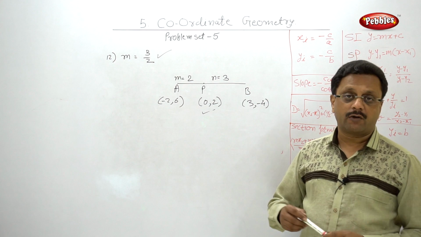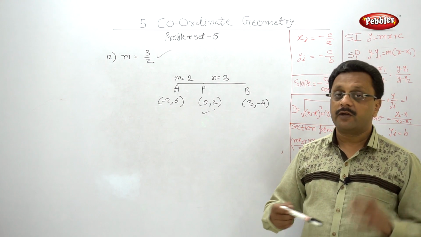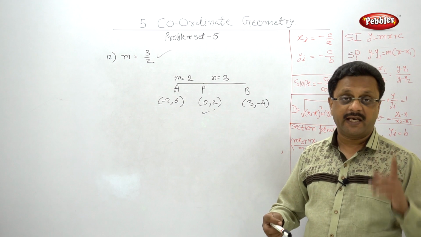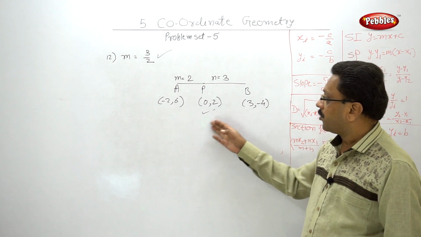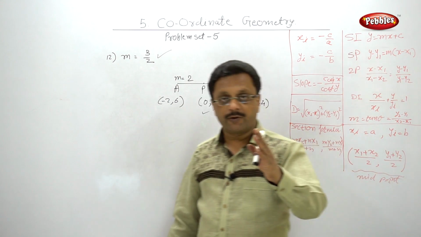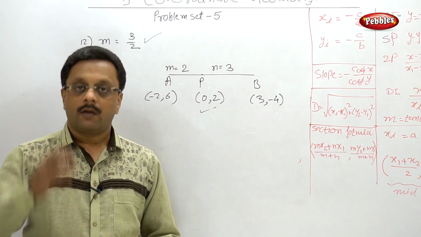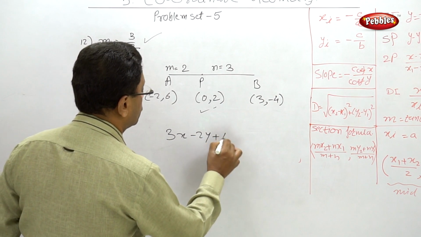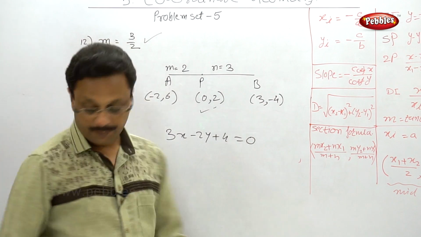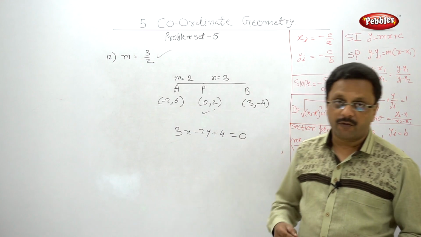Now that equation of line should be rearranged in the form of linear equation, that is ax plus by plus c equal to 0. So from here onwards, please pause your video and find out the equation of line. The equation of line is 3x minus 2y plus 4 equal to 0. This is the equation of line which we have written in the linear format.